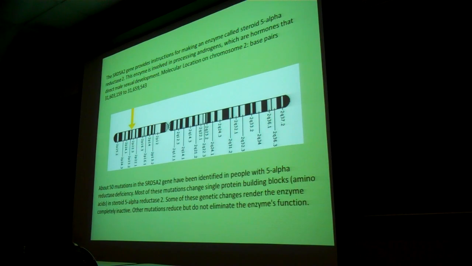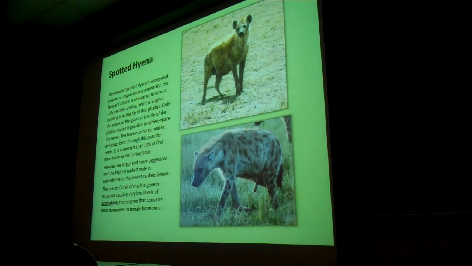The wrong amino acid here makes the protein curve in the wrong way, and it doesn't work. There are a lot of places you could hit it and have it not work, but the end product is all going to be the same. You've got a 5-alpha reductase protein that doesn't work, so they're all going to look like they have the same problem, but they may have different deficiencies.